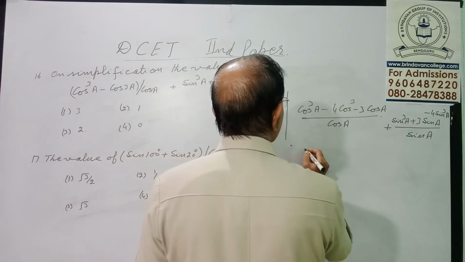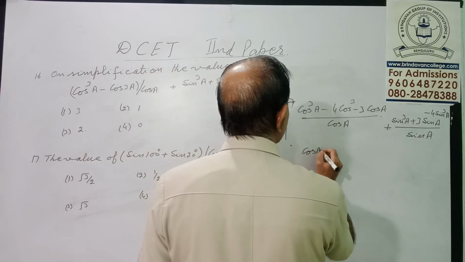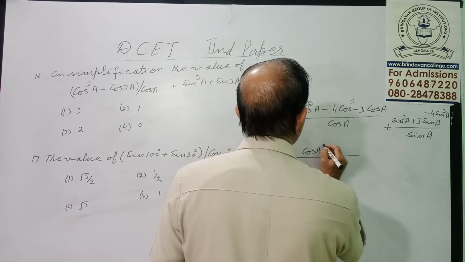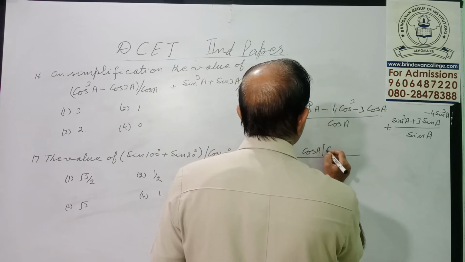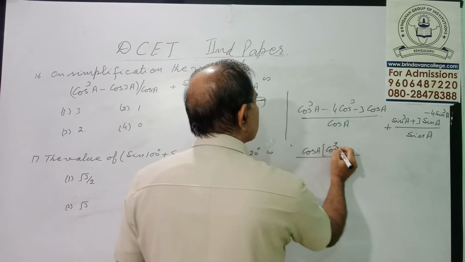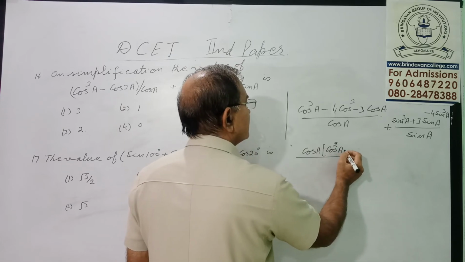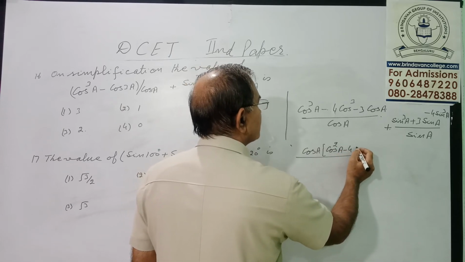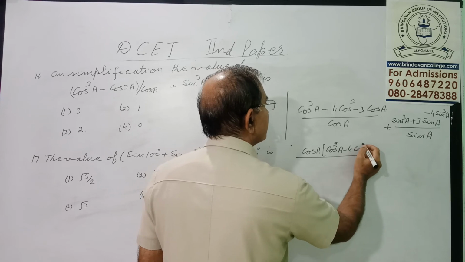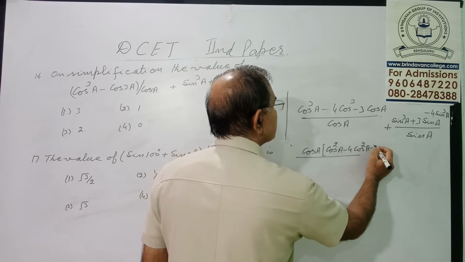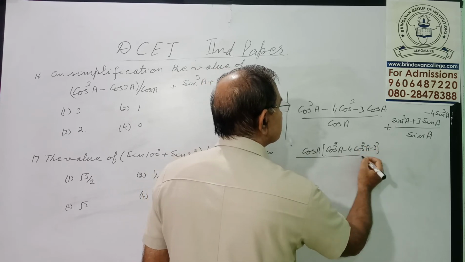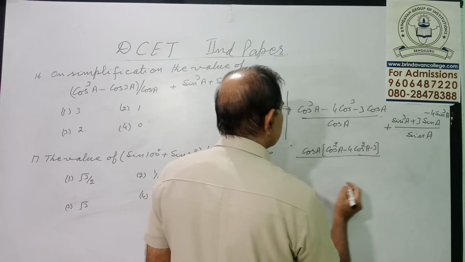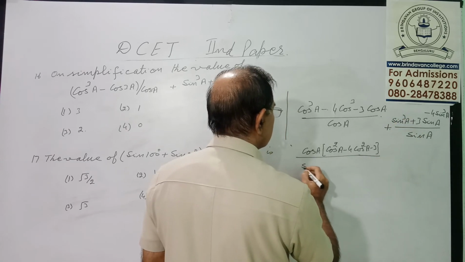Here we can take cos A common in the numerator. We will get cos square A minus 4 cos square A minus 3. Here sin A we can take common and cancel.